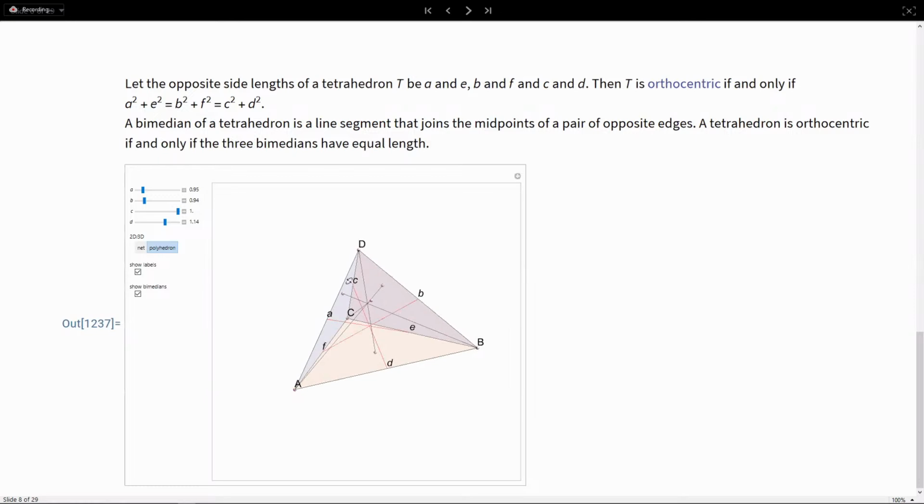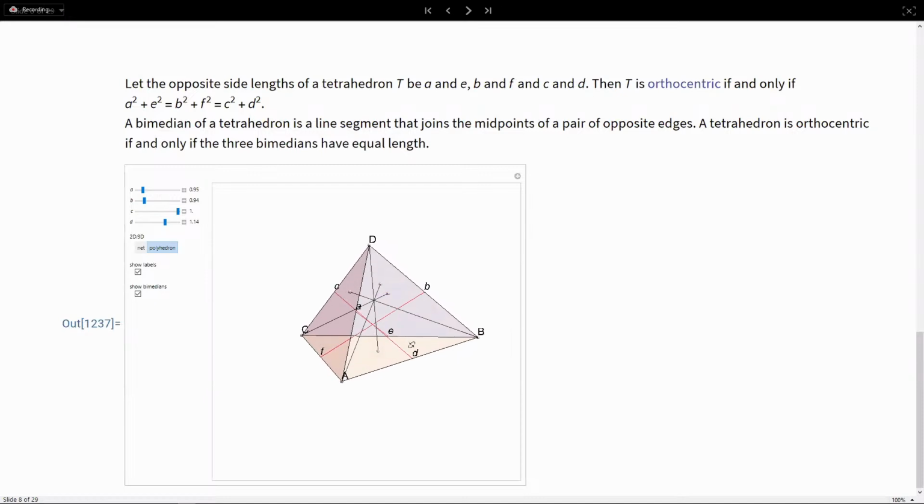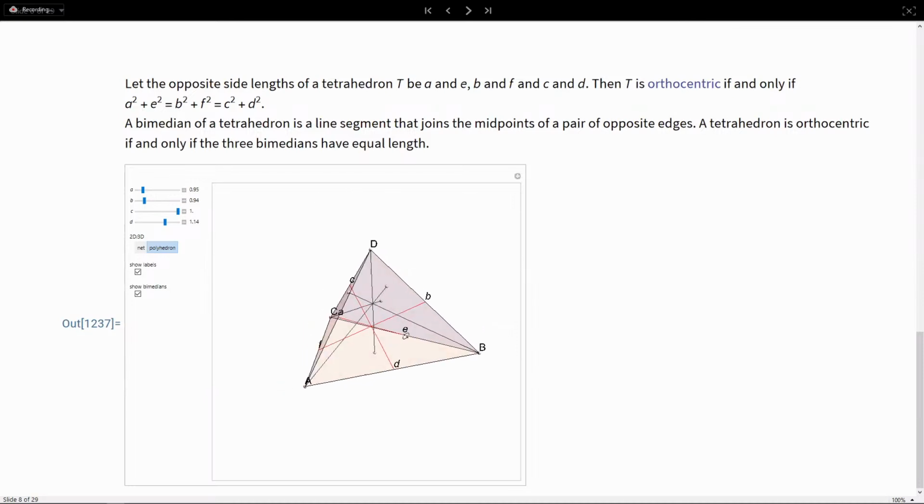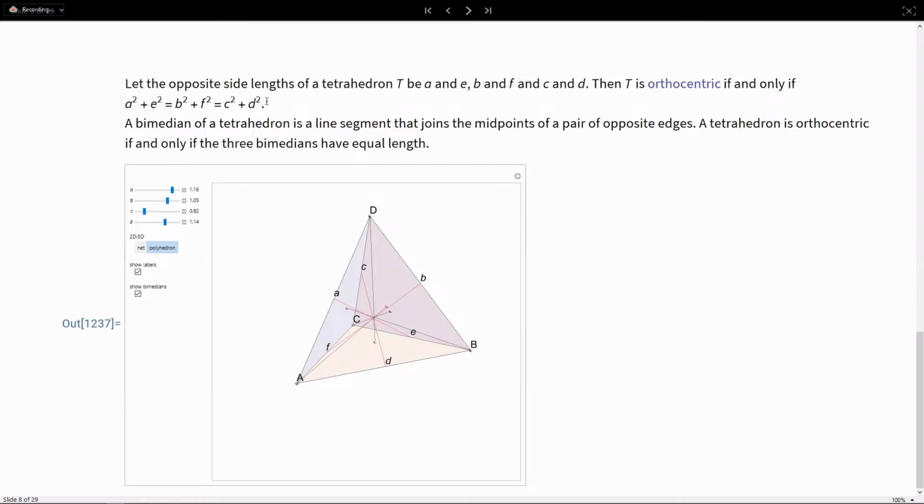Also, if you join up the midpoints of each edge, what's called the bimedians, if the bimedians have the same length, then you also get the property that the tetrahedron is orthocentric. However, if either of those 2 properties is false, where the bimedians are not the same, or if the sum of the squares of opposite edge lengths is not the same, then it's not orthocentric, and the altitudes will not intersect.